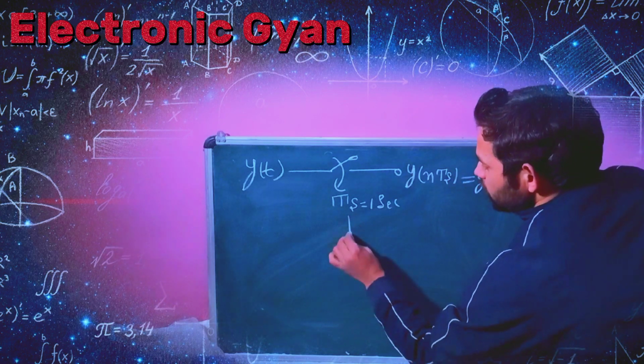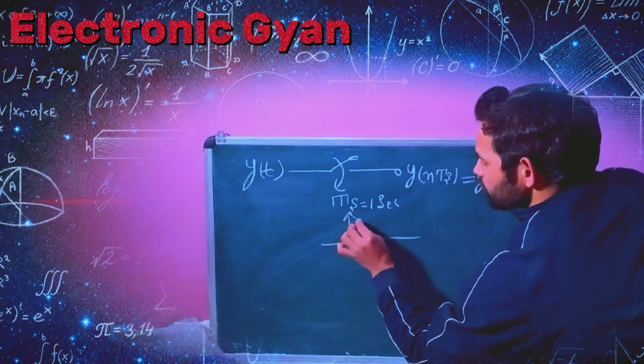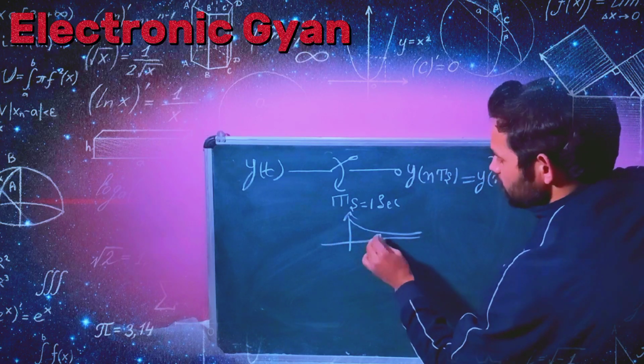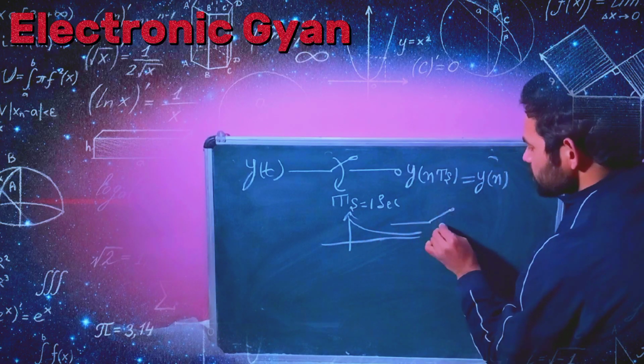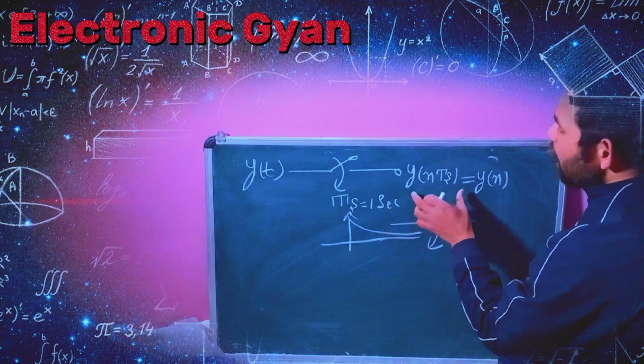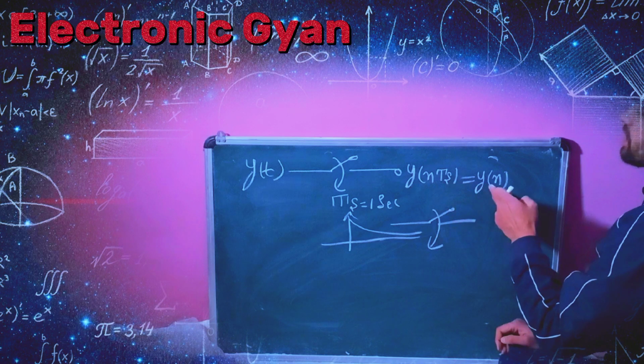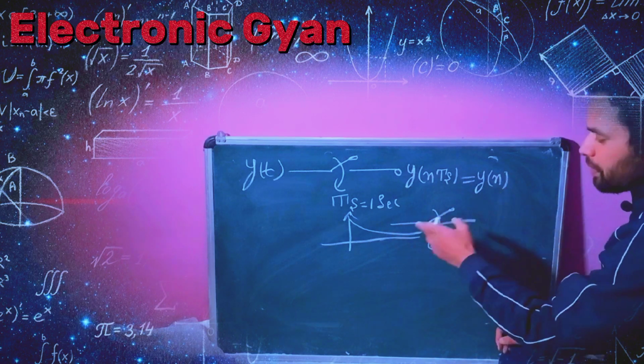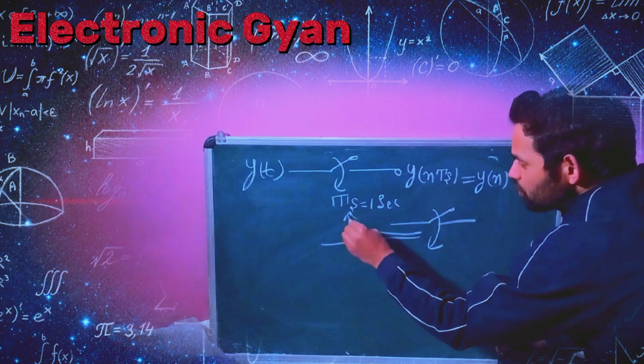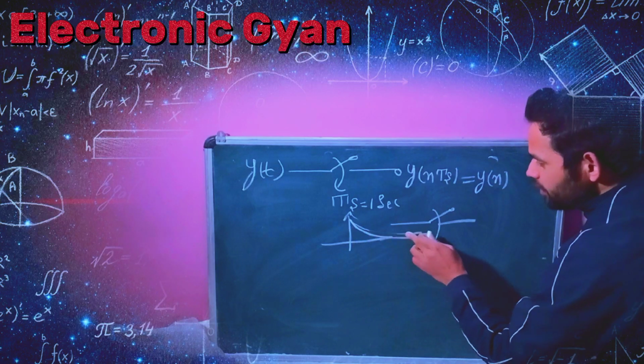How is it like that? Let's say my signal is this here, a continuous time signal. I am making you understand how we can write y of n ts directly as y of n.